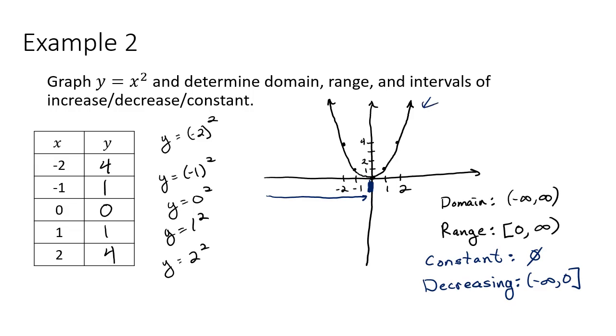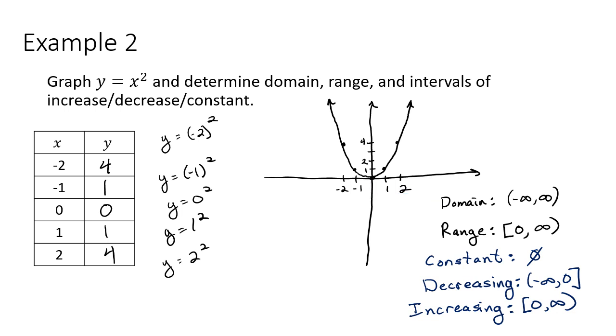And then on the right-hand side of the vertex, this graph goes back to going higher, to increasing. So from 0 to positive infinity, the function is increasing.